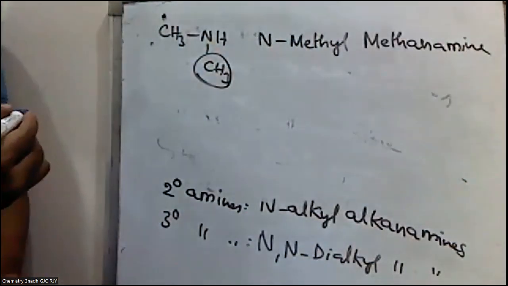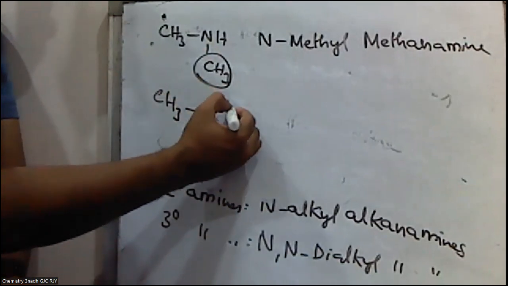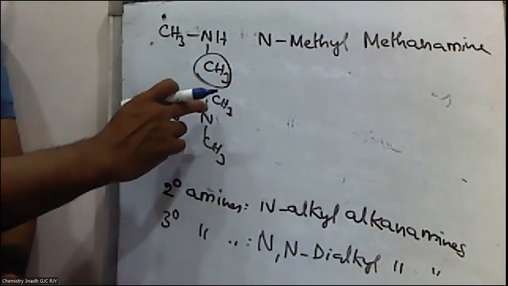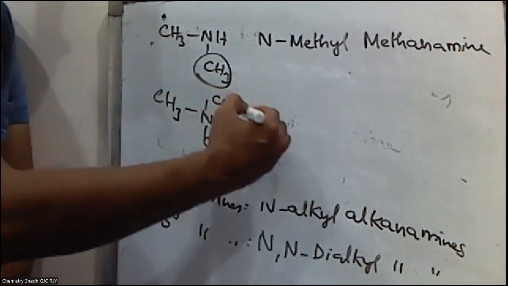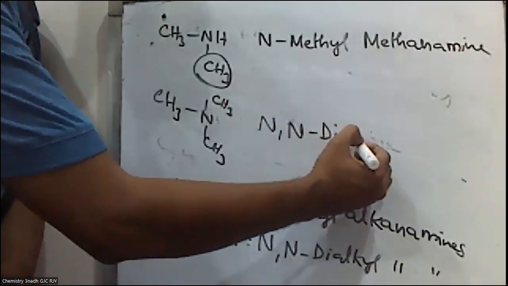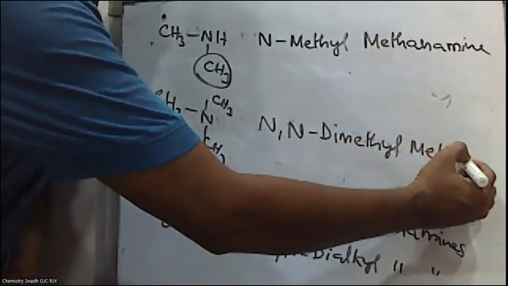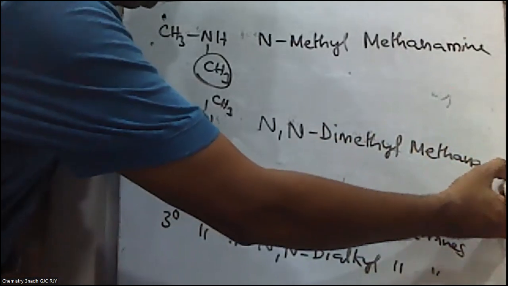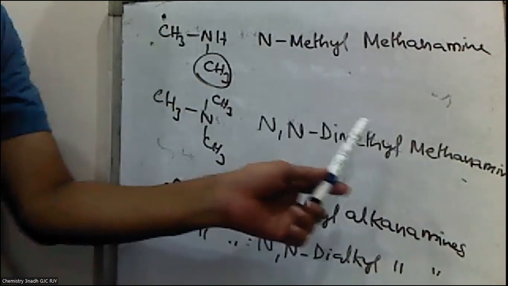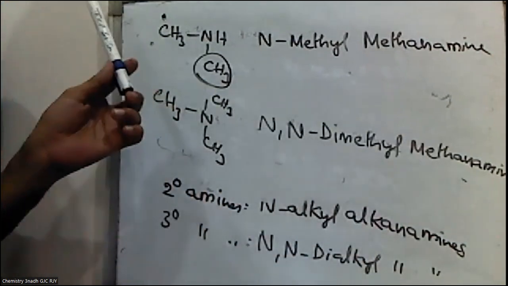For example, if you take N(CH3)3, this is a tertiary amine because three alkyl groups are there. Then I have to write N,N-dimethyl methanamine.